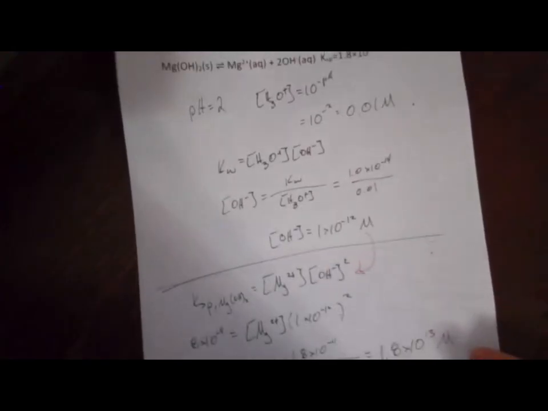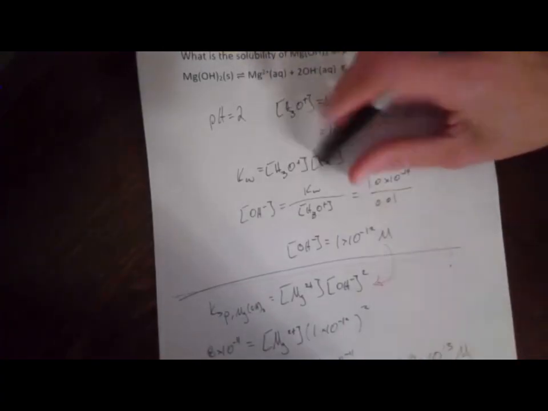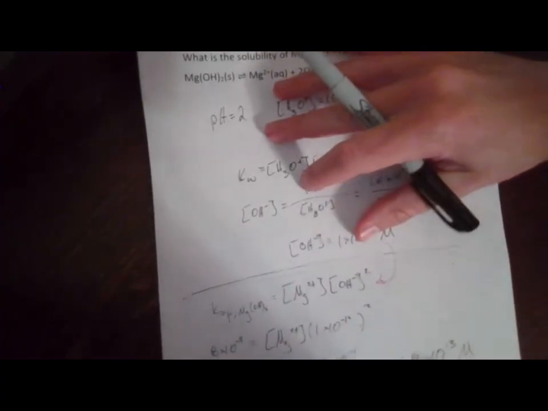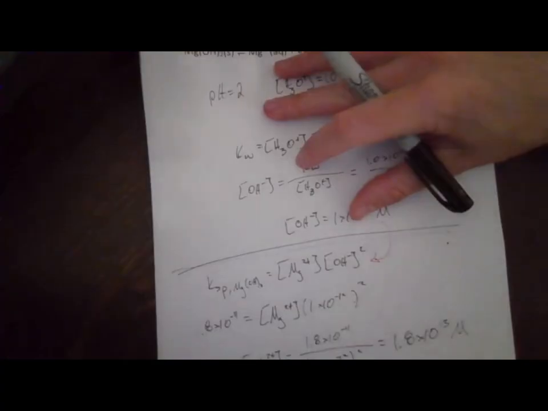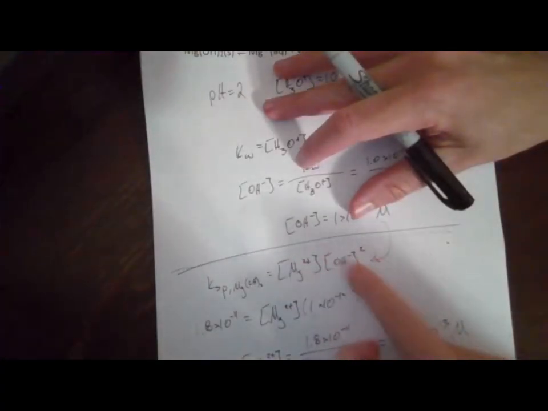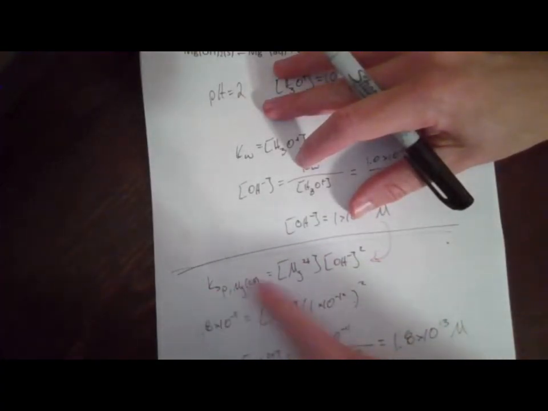So what this is telling us is that if the solution is locked at a pH equals 2, that means the hydronium hydroxide equilibrium is locked in, and the dissolution equilibrium of the magnesium hydroxide will depend on that. This product always needs to be equal to this constant. It doesn't matter where these ions come from.